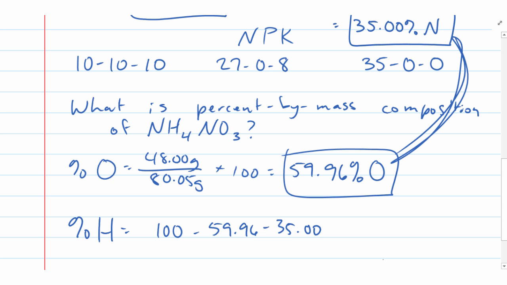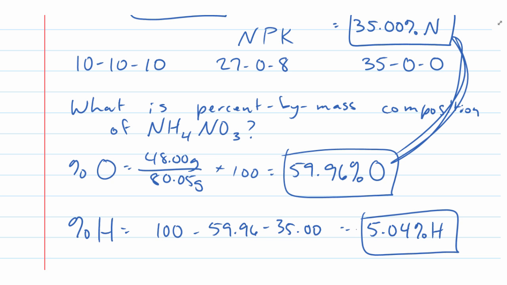And if you do it this way, it looks like we wind up with 5.04% hydrogen. And of course we can do it this way because the percentages must sum up to be 100%. So any questions on this one here?